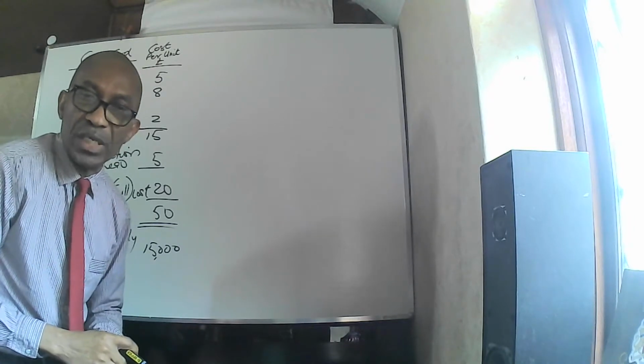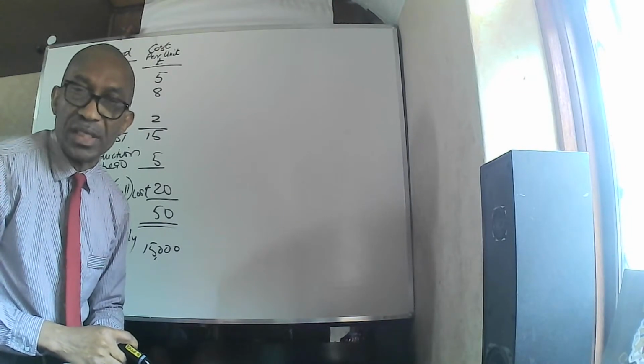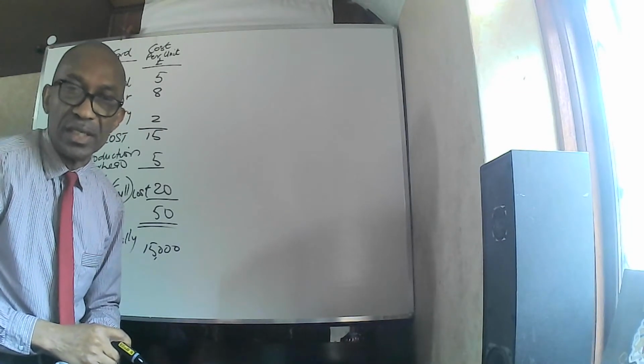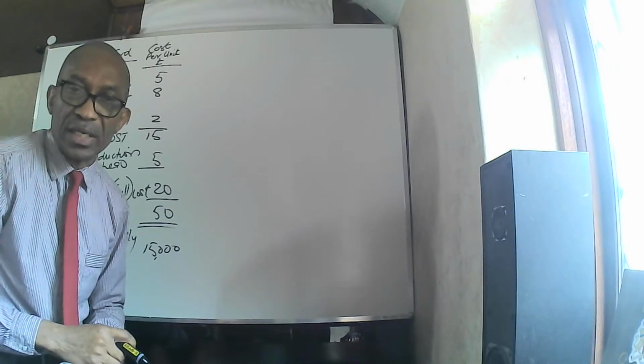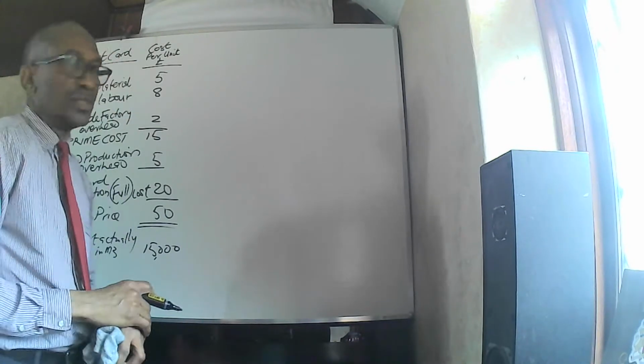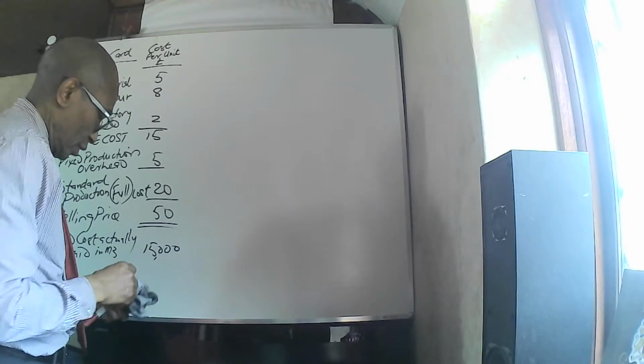The number of units produced and sold were: production 2,000 units, sale 1,500 units. We are required to prepare absorption and marginal costing income statement for month 3. So that's the question. So where do we start from?